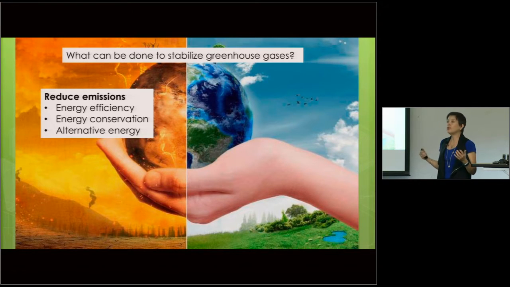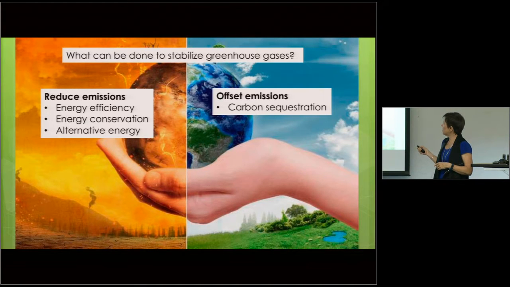We could also use alternative energies other than fossil fuels. We could also offset emissions, so we could keep using fossil fuels, know that we're going to produce CO2, and offset those emissions by sequestering that carbon.